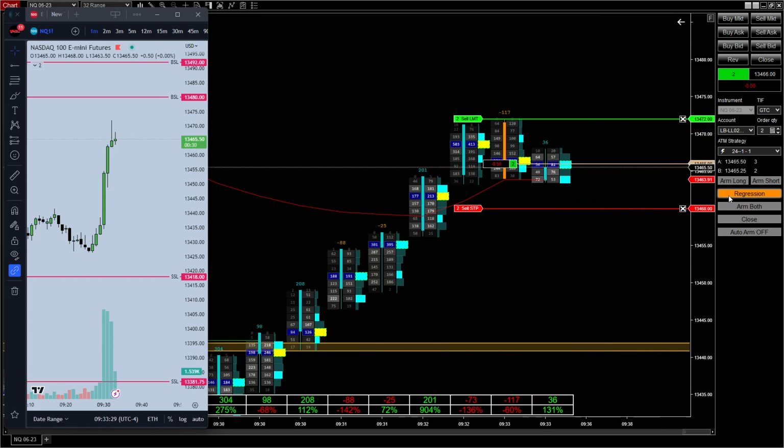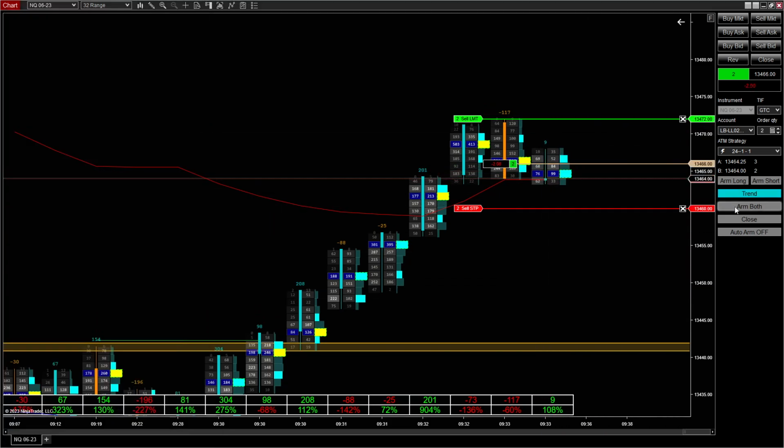I think either way, we're going to be switching into trend mode after this, whether we get stopped out or take profit hits. I don't have a great feeling about this trade, just looking at the time and sales and the tape.